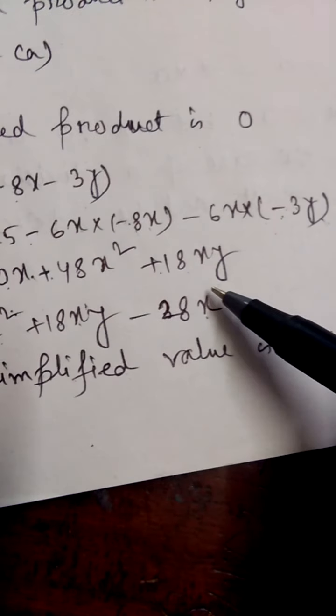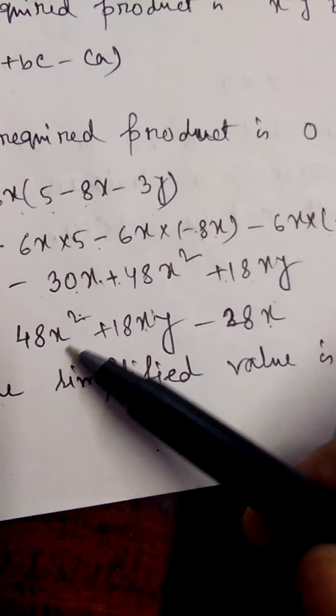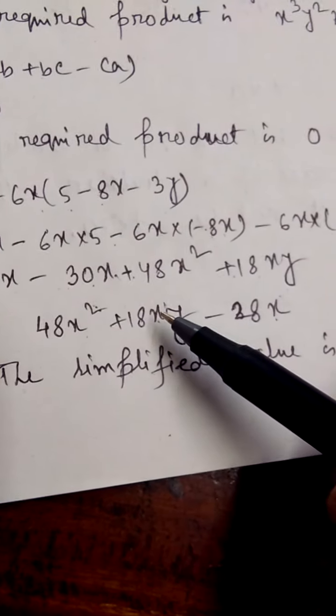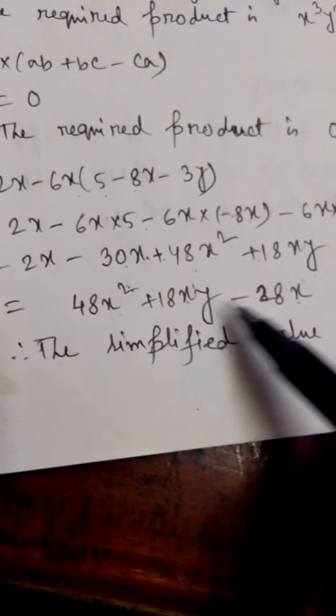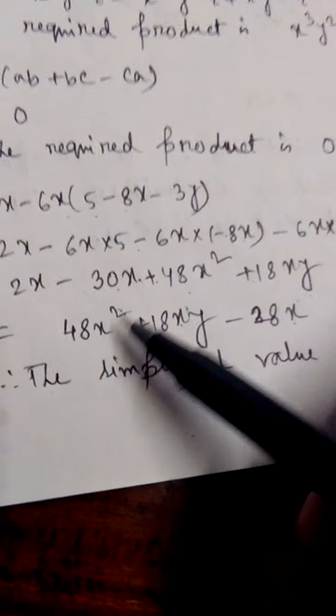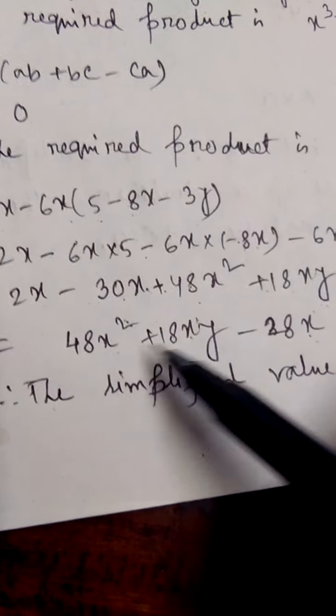Therefore, in descending order of the indices of the variable, we shall write x square, then x, then constant. Here no constant is present, so we shall write in this order, in the descending order of the indices.